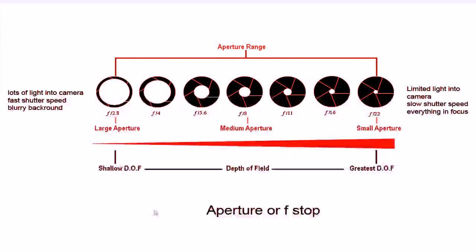If the f number is 22, which is a small aperture, you will have limited light into the camera, your shutter speed should be slow, and everything will be in focus. So a larger aperture is good if you want more light into your camera.